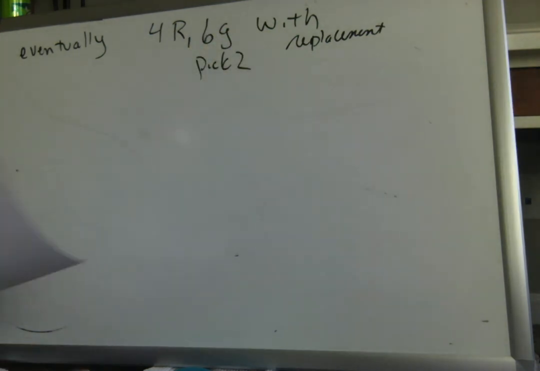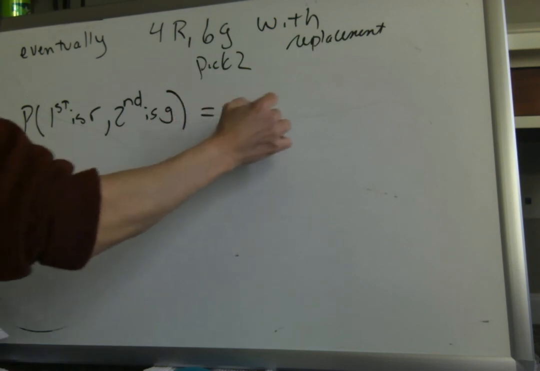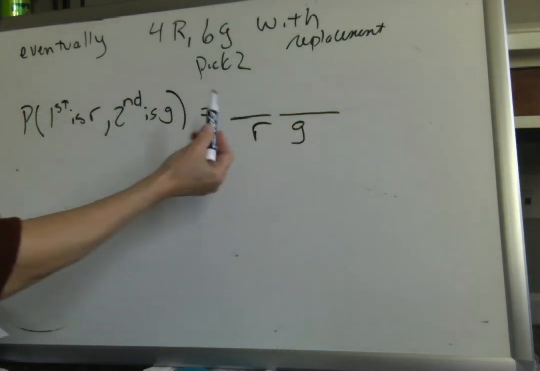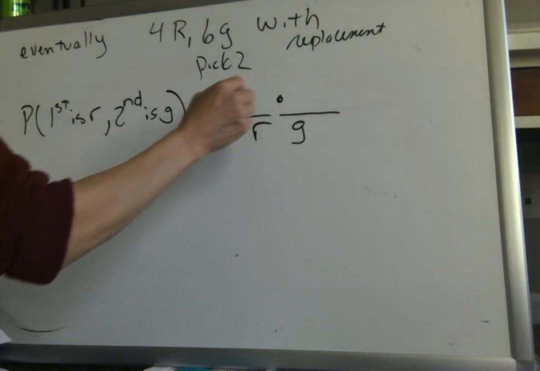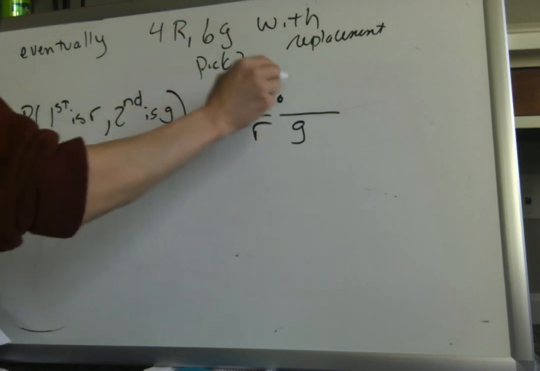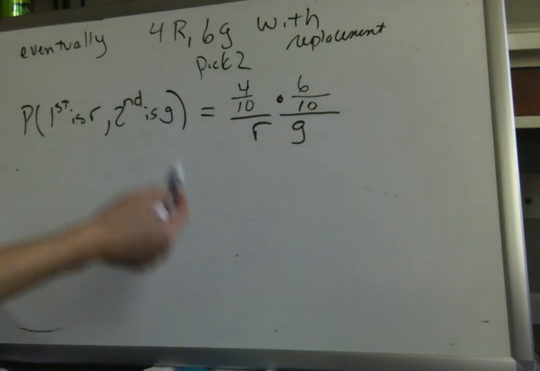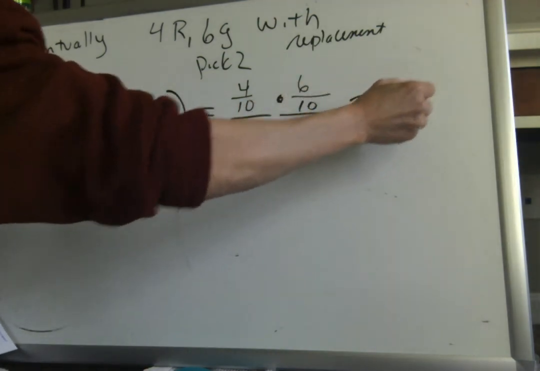But let's say they didn't say show the entire sample space, show the entire probability distribution. Let's say this is the only thing they asked. Probability the first is red, second is green. They're telling you exactly what they want to see. They want to see red on the first, green on the second. Okay, red, 4/10, green, because this was with replacement, so I get to keep my out of 10, 6/10, 0.24.